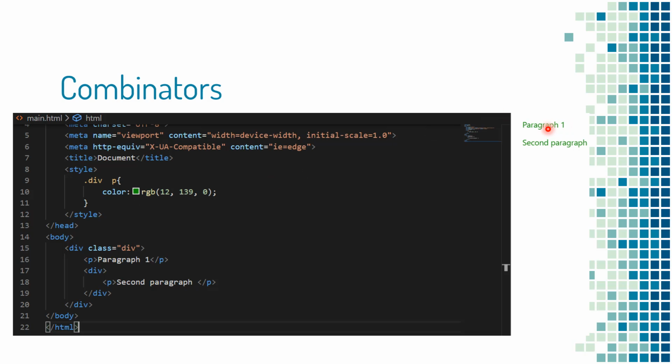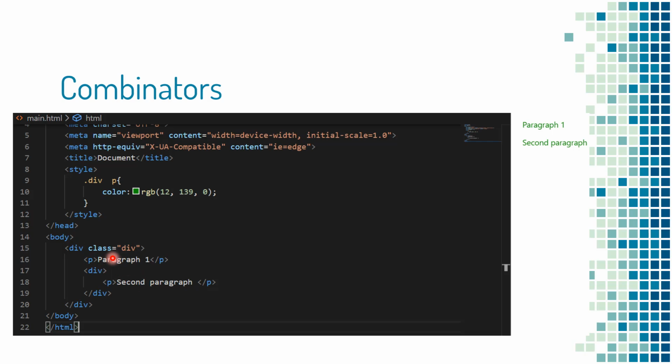As you can see in this area, the second paragraph is not a direct child of the div, but it's a grandchild of the div that has the class. That's why it takes the effects.